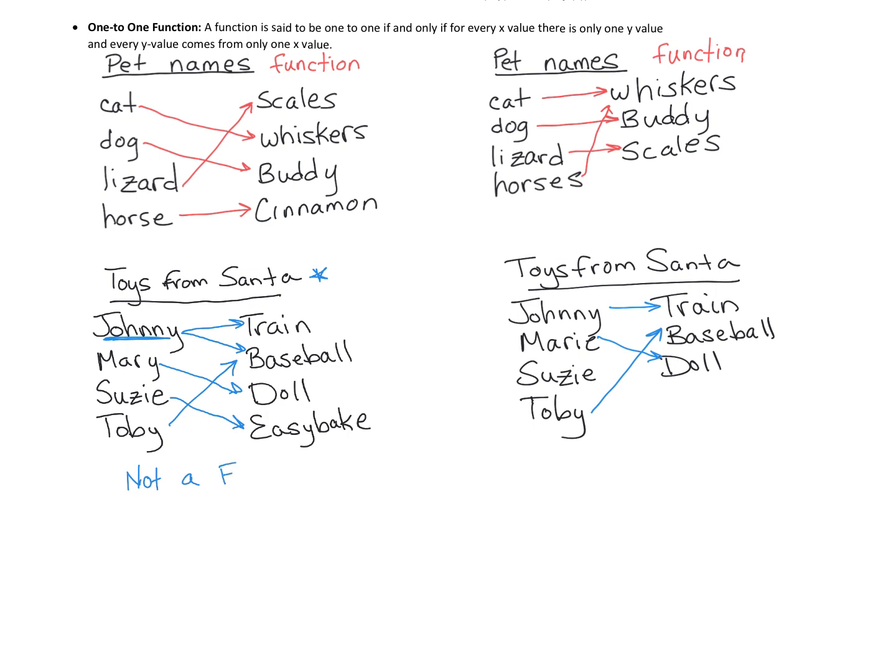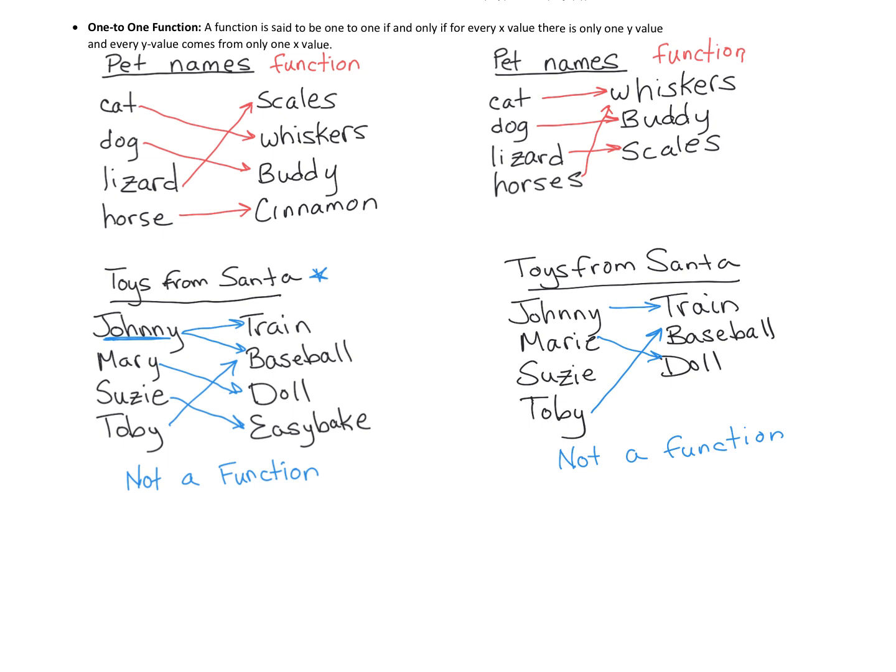So this one is not a function because we have something in the first set corresponding to two different things in the second set. In our second example, this is also not a function for a different reason. In this case, we have Johnny getting the train, Marie getting the doll, and Toby getting the baseball.